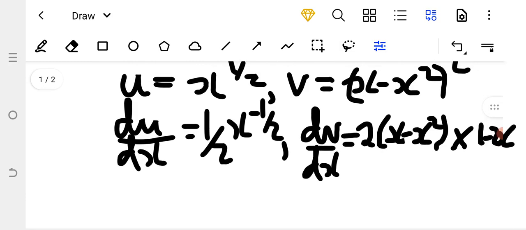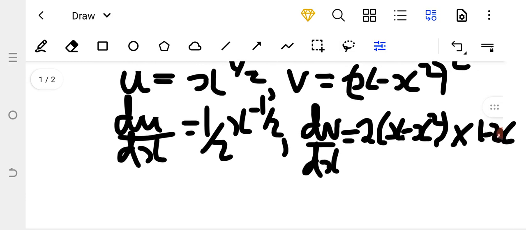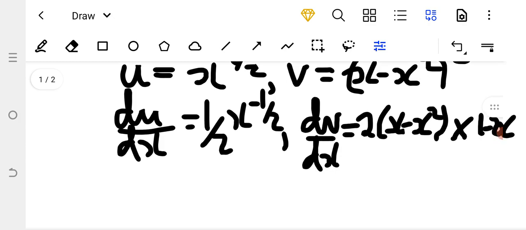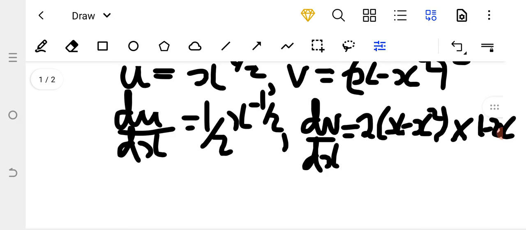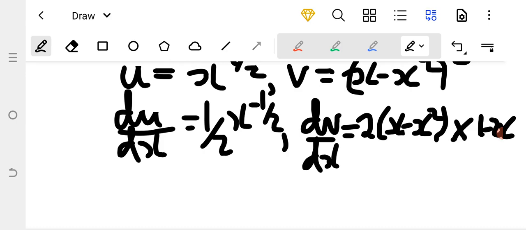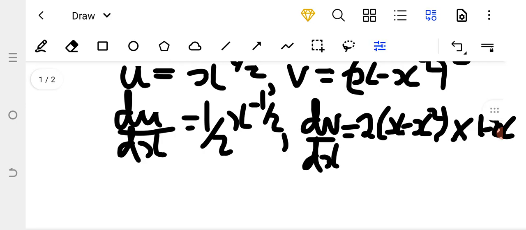So simplifying it, we can write it like this. As we can see, there's a negative power for x here, so we can make it positive by taking the x down.